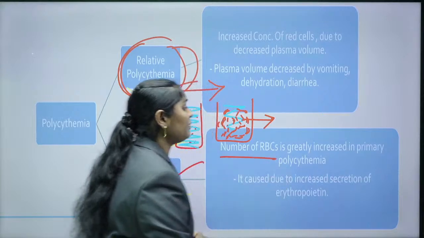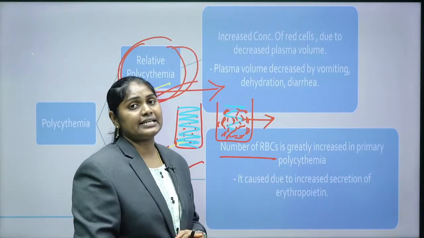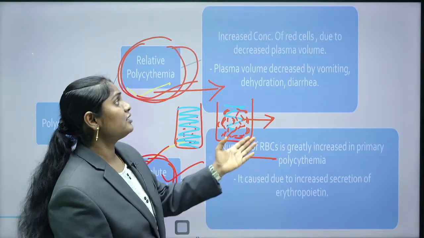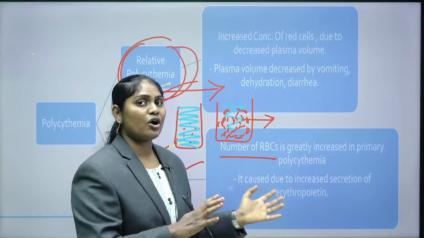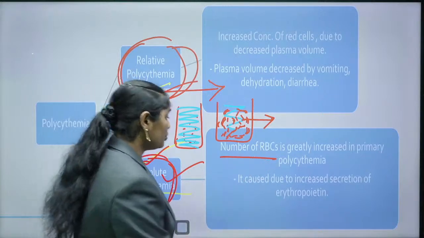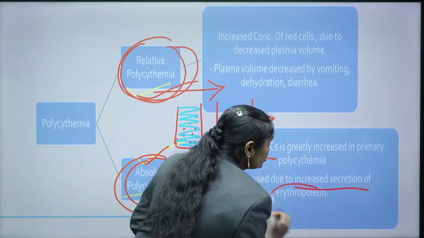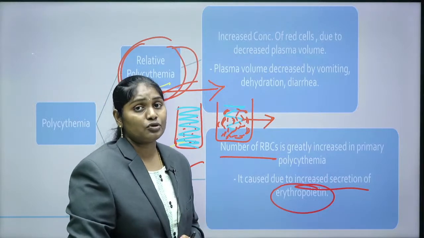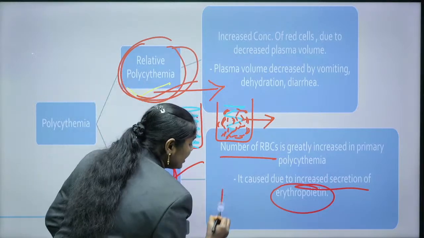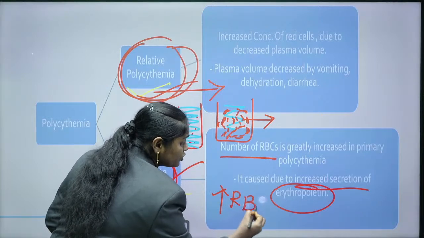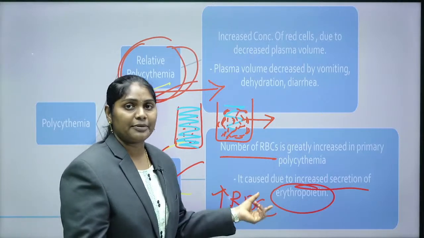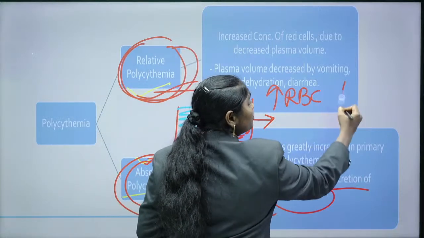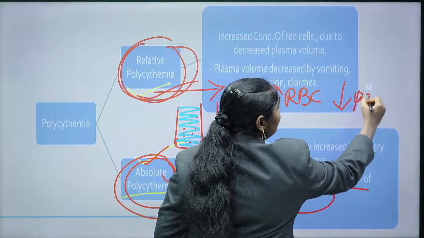The number of RBCs is greatly increased. In relative polycythemia, the increase in RBC is due to loss of plasma or watery content. But in absolute polycythemia, the increase in RBC is due to increased secretion of erythropoietin.